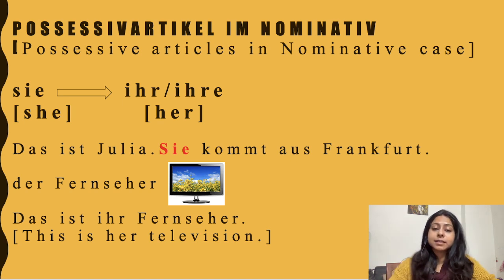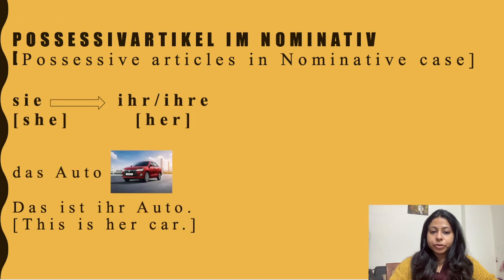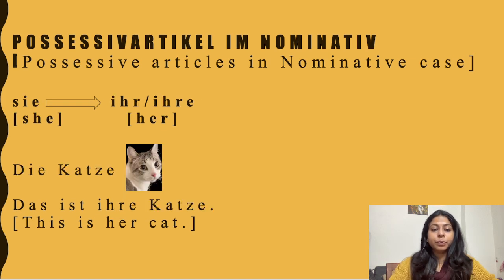So, "Das ist Julia. Sie kommt aus Frankfurt." Again, we have taken der Fernseher, the article is masculine, der. Now, how would we use it? "Das ist ihr Fernseher." So, masculine, so ihr. And again with neutrum, it would be ihr. "Das ist ihr Auto." But in feminine, it would be ihre Katze. "Das ist ihre Katze."